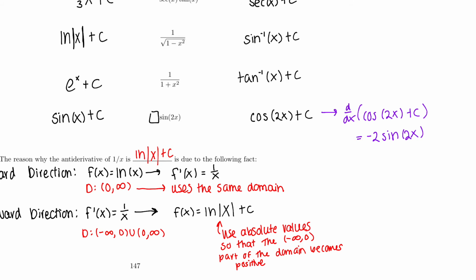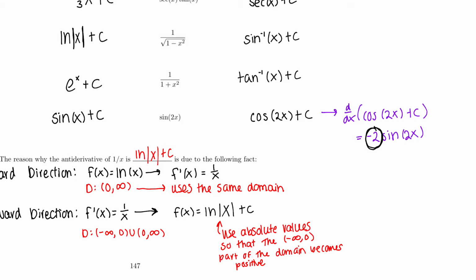So if we want this to instead be just positive sine, we need to make this negative 2 go away. What could we do to make negative 2 go away?